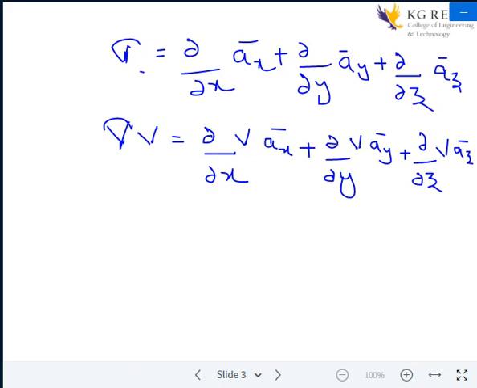But in order to solve this, the del operation of V is not sufficient. We need to solve the del square of V. So how can we write the above equation?